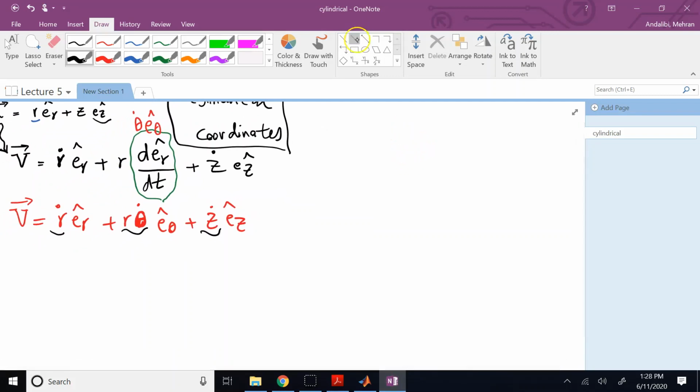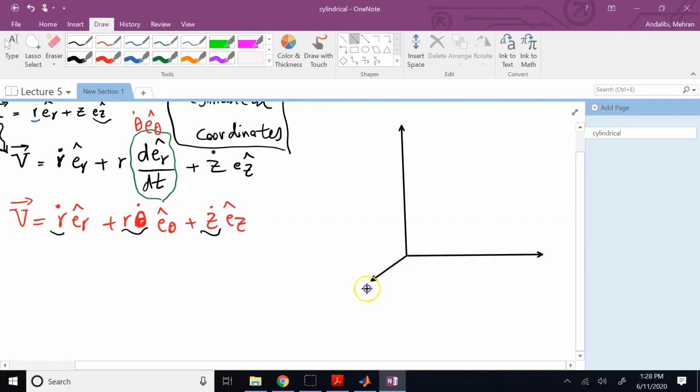So let's say these are our three axes, the XYZ, but we also can have a spiral. So if I have a spiral, something like this.